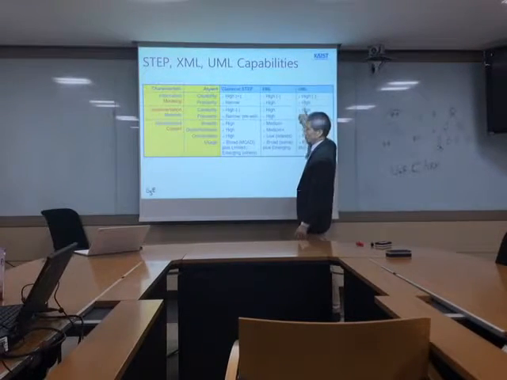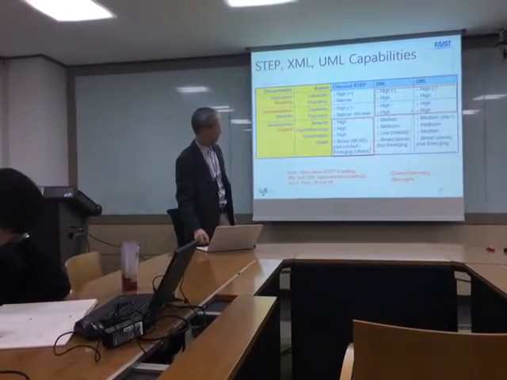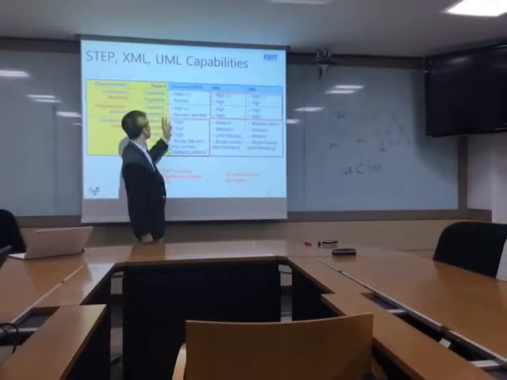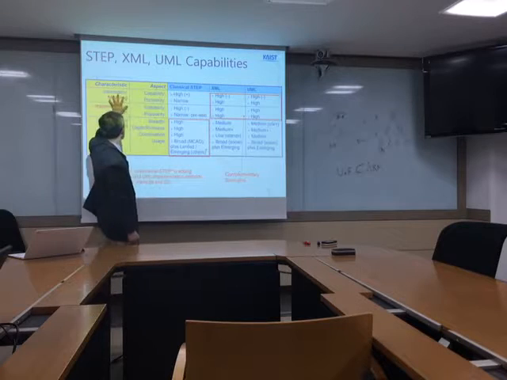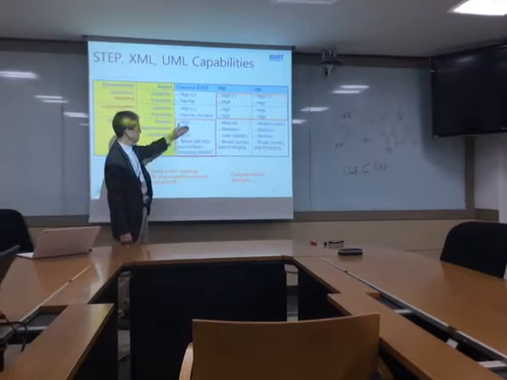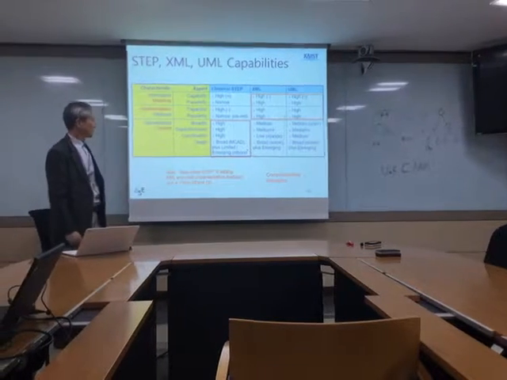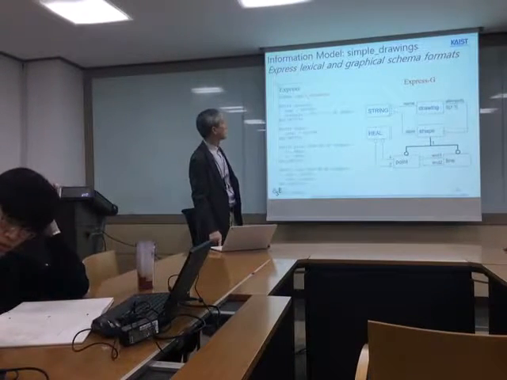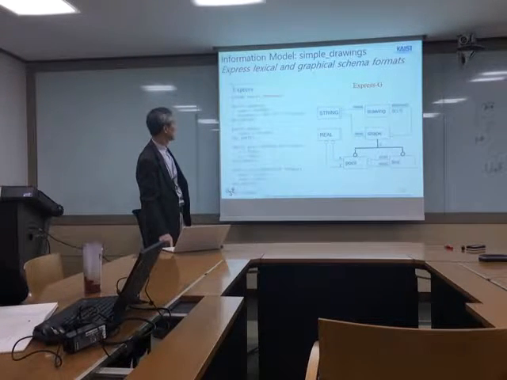So they are suggesting that you can have complementary strengths between them. You can use XML and UML for modeling and implementation, but content-wise, because there is a history of implementation, STEP is the stronger point. And this is the EXPRESS language, as you see, that simple.